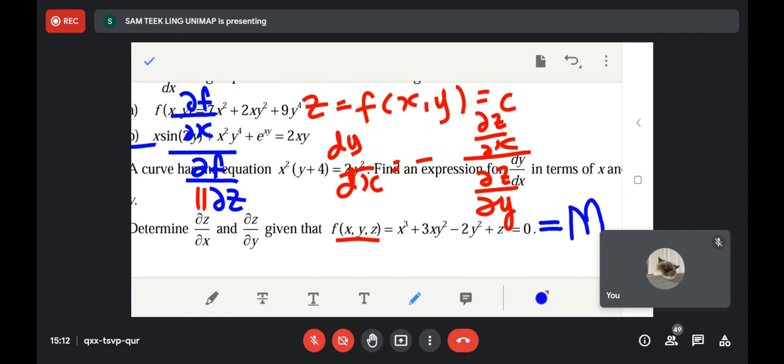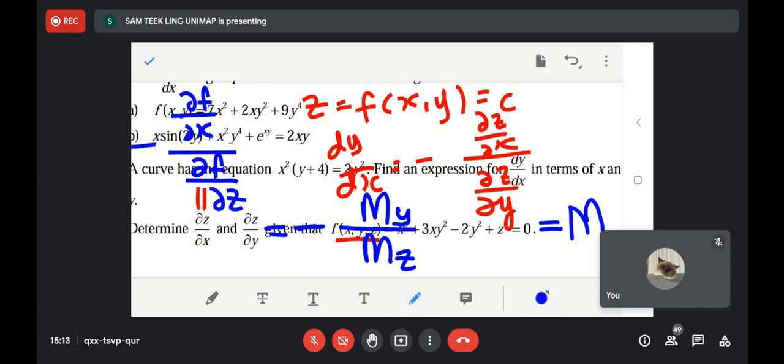If I build the formula for this one, ∂z/∂y is negative, then you differentiate your m with respect to y, and then you differentiate your m with respect to z.